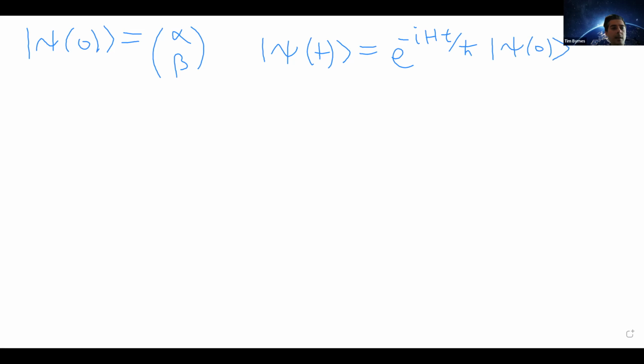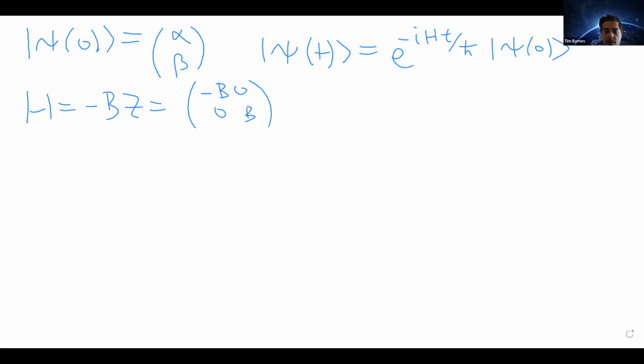The Hamiltonian that we're going to use in this case is minus B Z, which written in matrix form is minus B, plus B, 0, 0. So that's the problem.